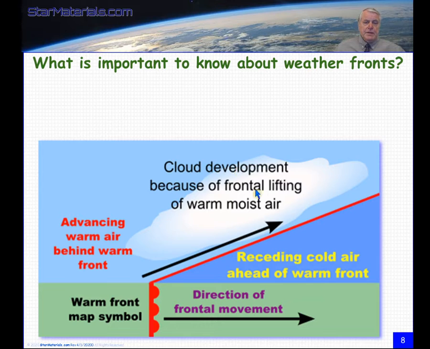Cloud development because of frontal lifting of the warm, moist air. And then if the warm air front is pushing the cold air out, it's doing it slowly, and the colder air is more dense. So it's more like a ramp that it's sliding up.